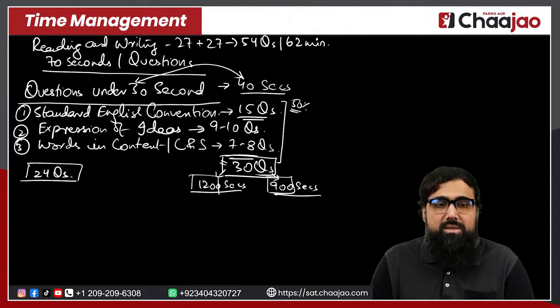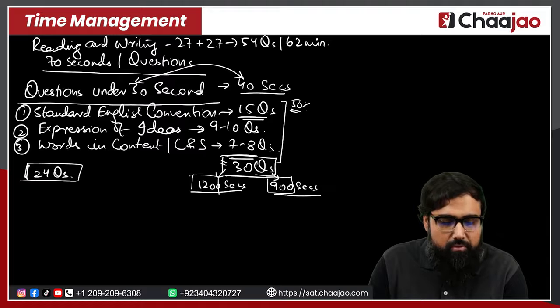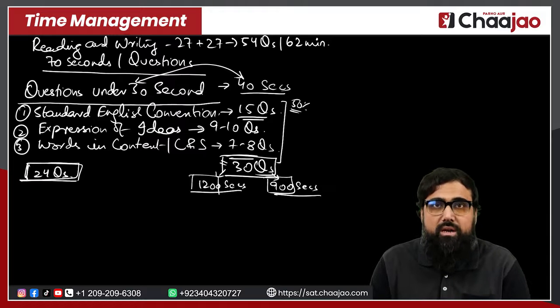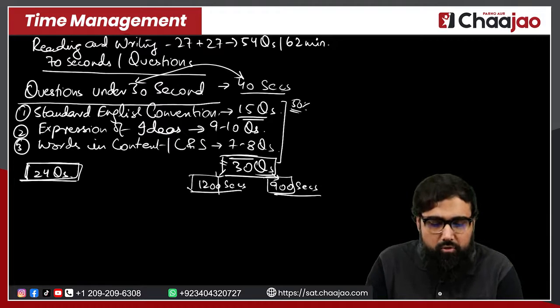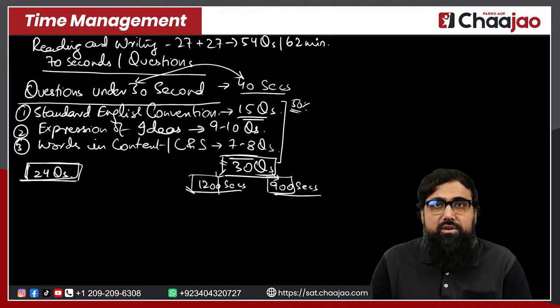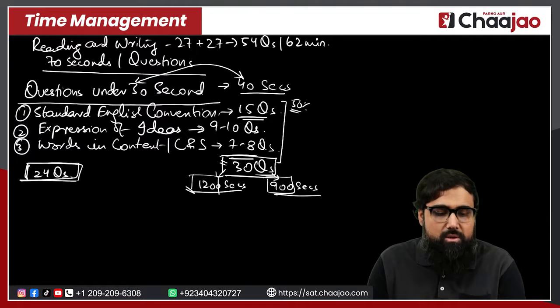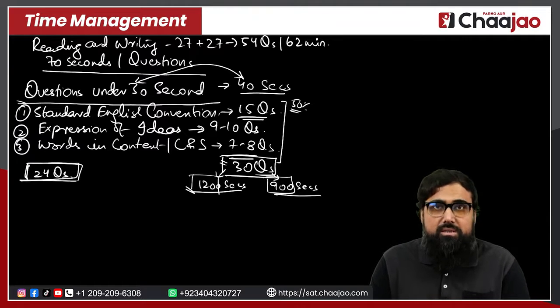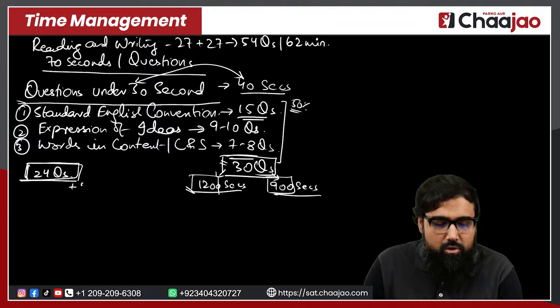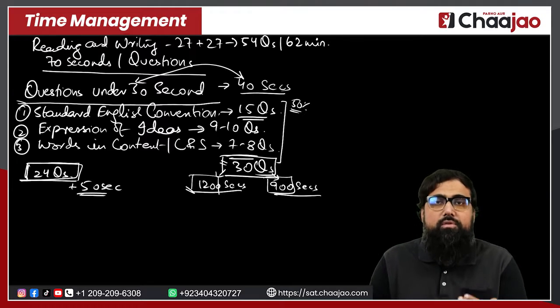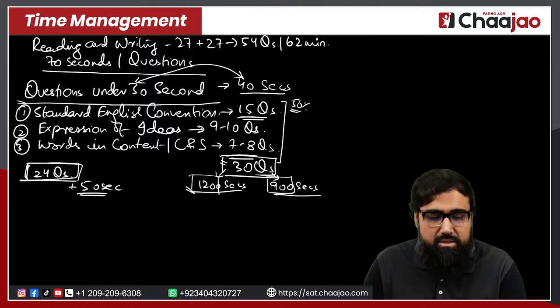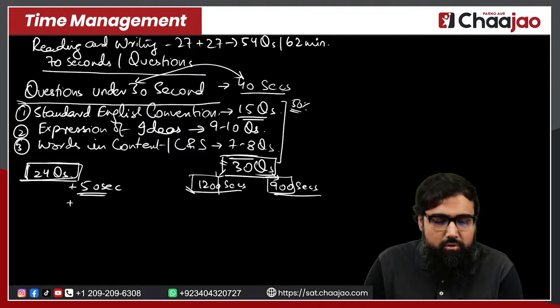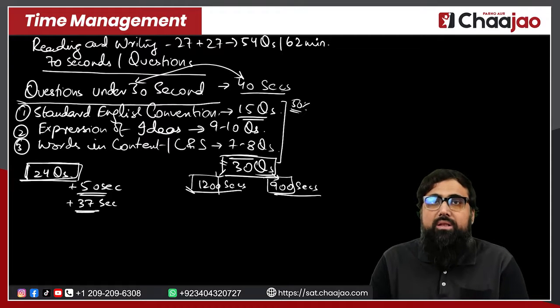What that means is for every one of these 24 questions, if you have solved these 3 question types in 30 seconds, you will have an addition of 50 seconds. And if you have solved them even in 40 seconds, you will have an addition of around 37 seconds. Now, how can this help you?